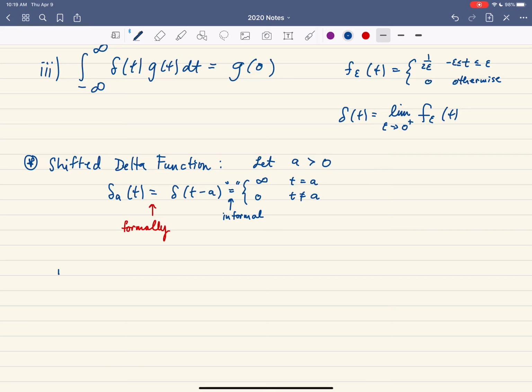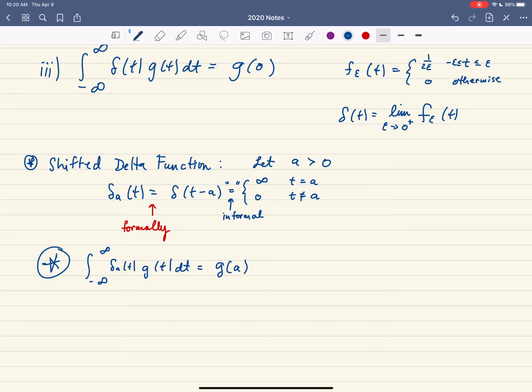And this is one that we're going to use over and over. So we can call this 3b or call it whatever you want. The property that we're going to use over and over is that if you integrate this function, delta sub a of t, times any other function, g, you're going to get g at a. So this is going to be g of a. That's the analog of the property. And this is a very important property that we're going to have for our delta function.